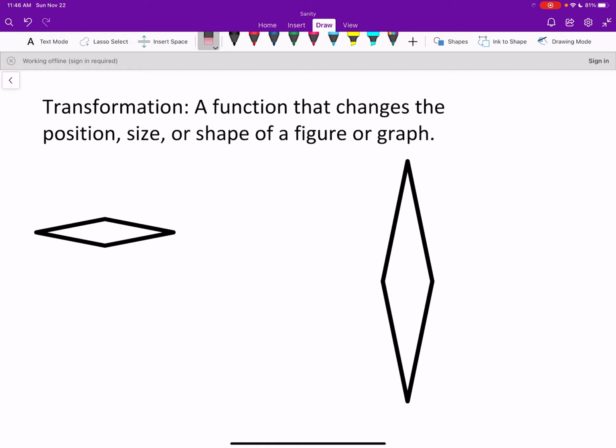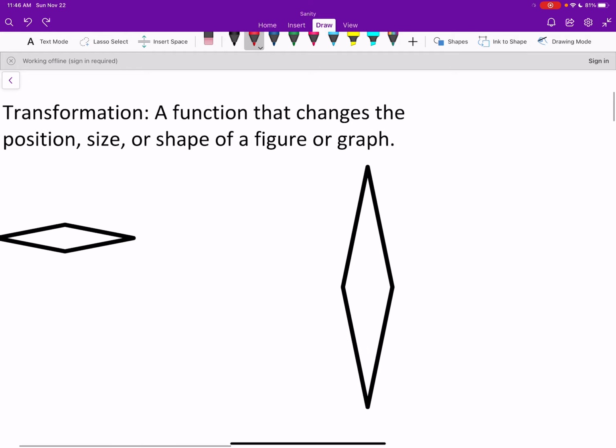So a transformation is just a function that changes the position, size, or shape of anything. Could be a figure, could be a shape, could be a segment, could be a graph, all right? So that's just the basic transformation definition here. For example, we have this nice little diamond shape, and we have transformed it.